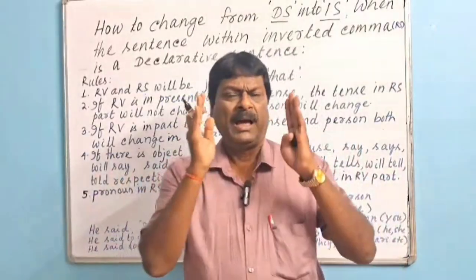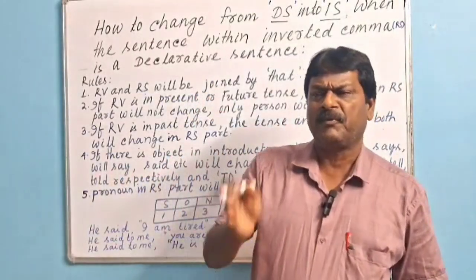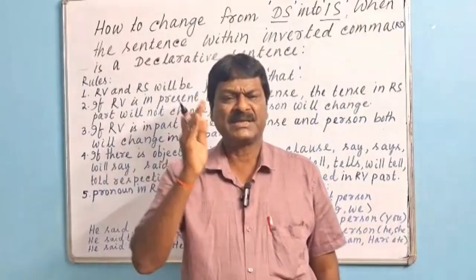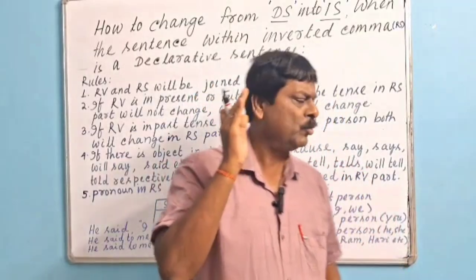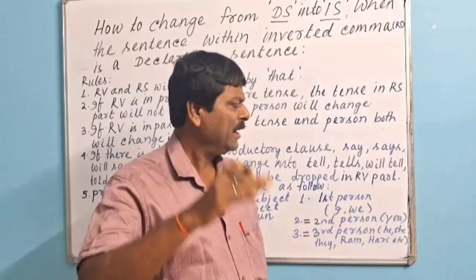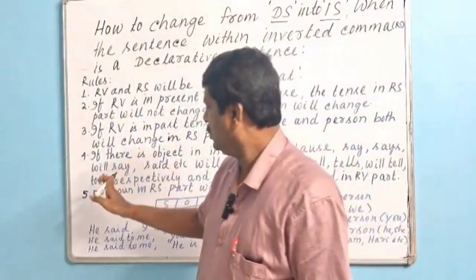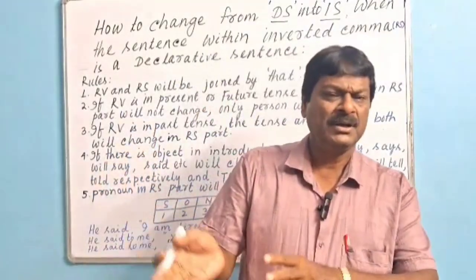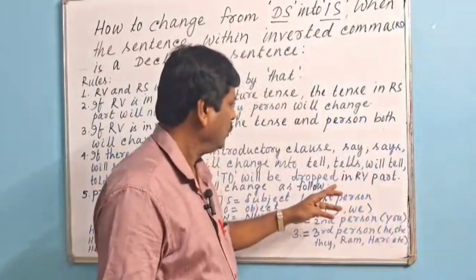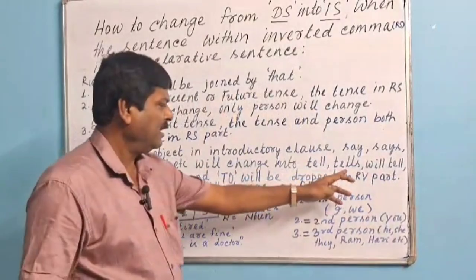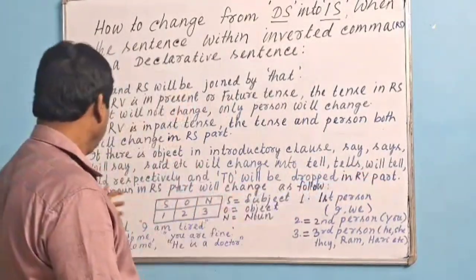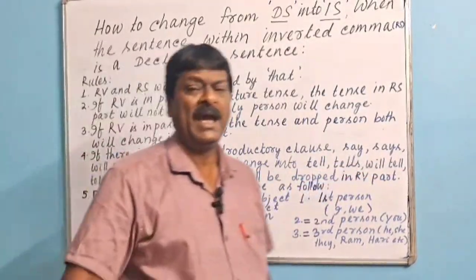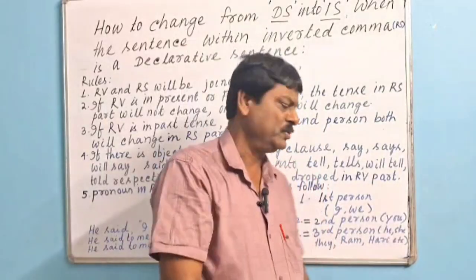The RV which is in the form of say, says, will say, or said, that will transform to what? Tell, tells, will tell, told respectively, and to will be dropped.